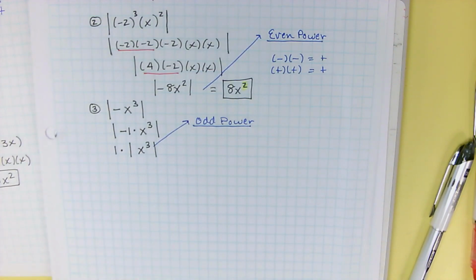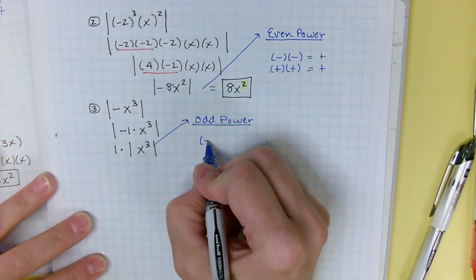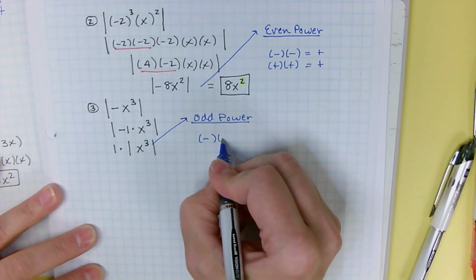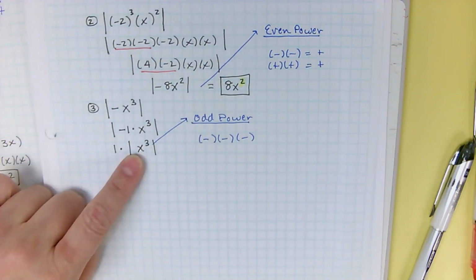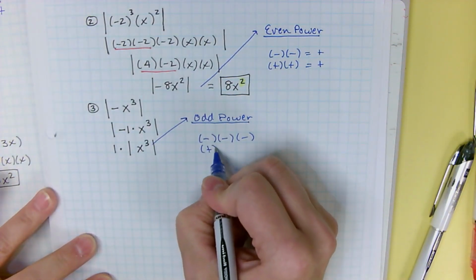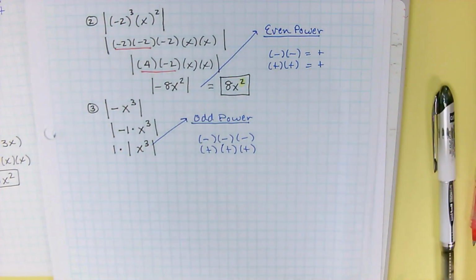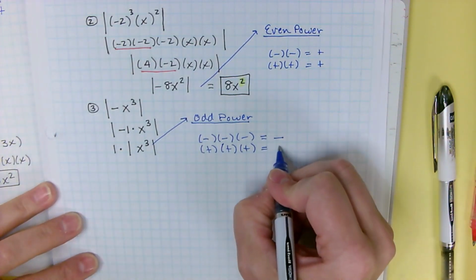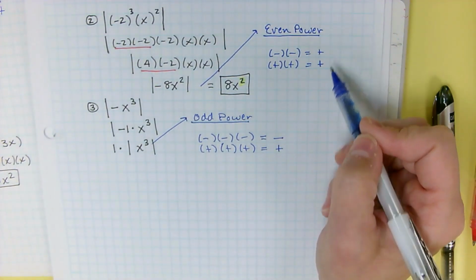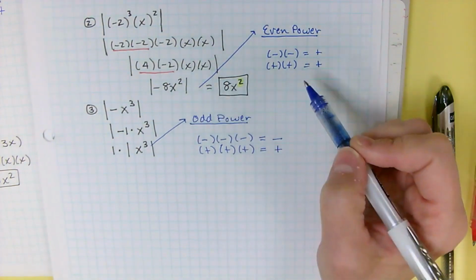So with x being to an odd power, 3 of them, if we knew what x was, it would be a negative times a negative times a negative, because you'd have 3 negative x's multiplied, or a positive times a positive times a positive. We just don't know which one it is. And the reason this causes a problem is that a negative times a negative times a negative is a negative, but a positive times a positive times a positive is a positive. On the last one, they both came out positive, so we could pull it out of the bars.